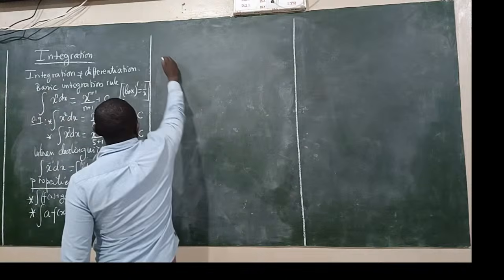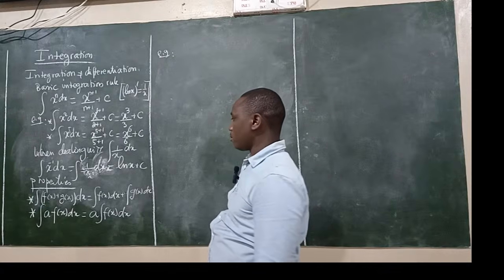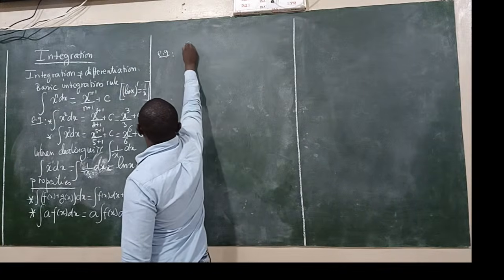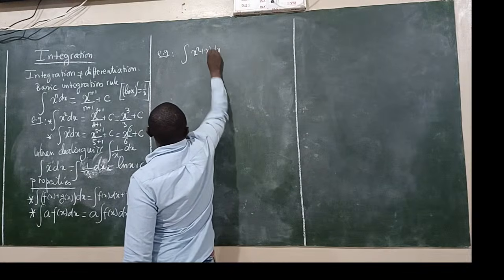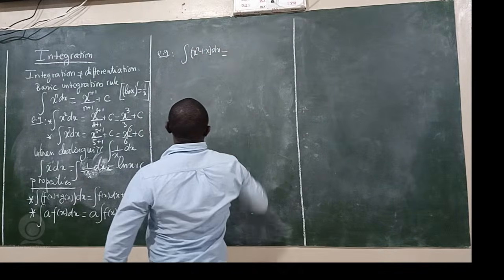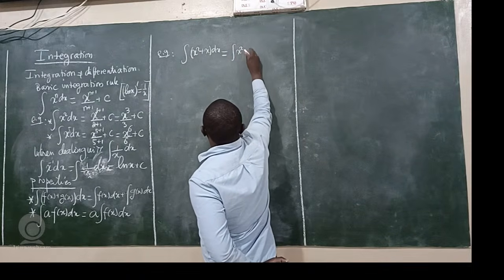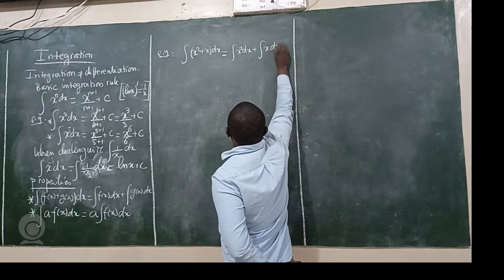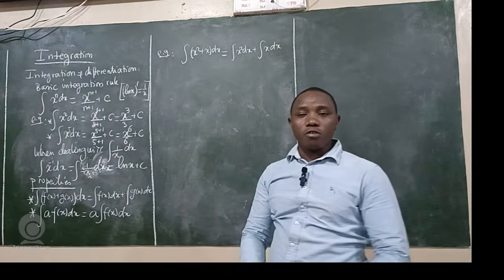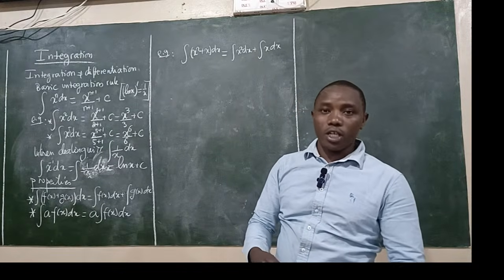Okay, let's have two examples. What is the integral of x squared plus x dx? This is the integral of x squared dx plus the integral of x dx. Because all of these are polynomials, we add 1 to the power of each.